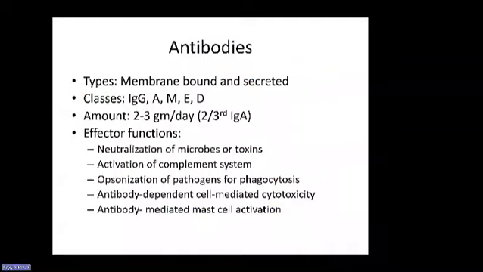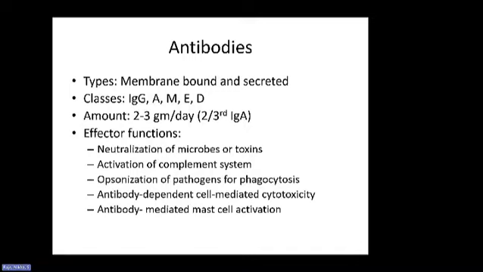For the antibodies, we know there are two types of antibodies. One are membrane bound, which could be on B cells. So the antibodies make B cell receptors, and those are immunoglobulin that are bound to the membrane of the B cells. Versus the antibodies that we typically talk about are the secreted ones that are not bound to a cell.